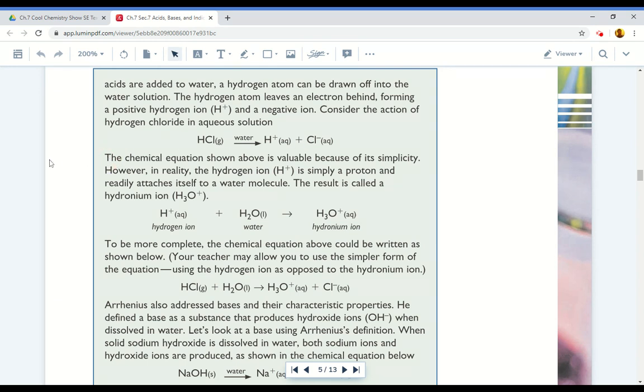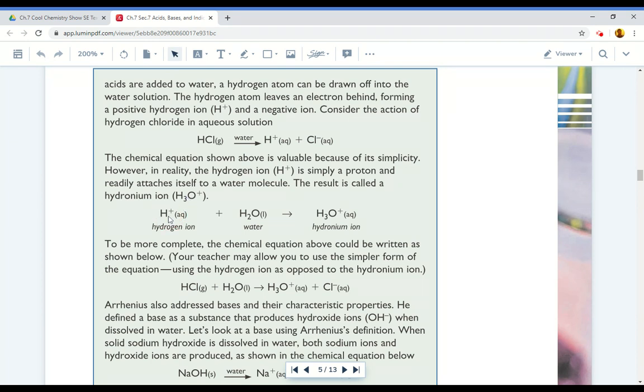The chemical equation shown above is valuable because of its simplicity. However, in reality, the hydrogen ion is simply a proton and readily attaches itself to a water molecule. The result is called a hydronium ion, right here.